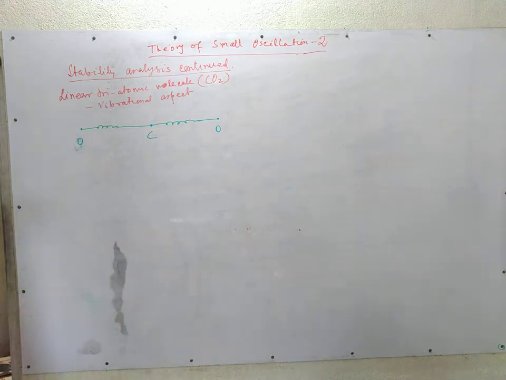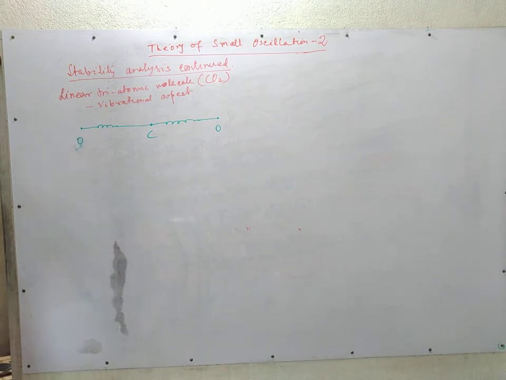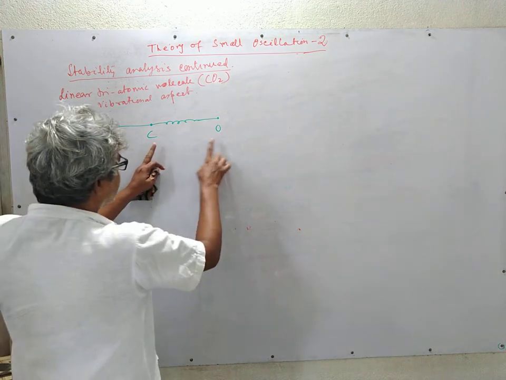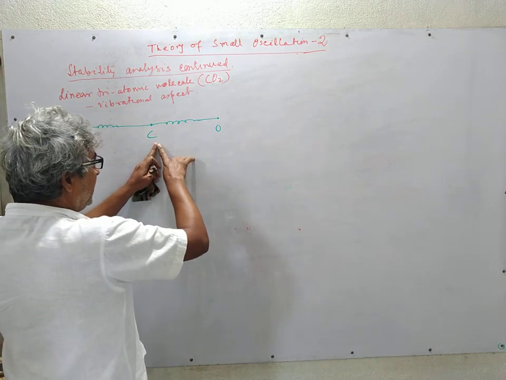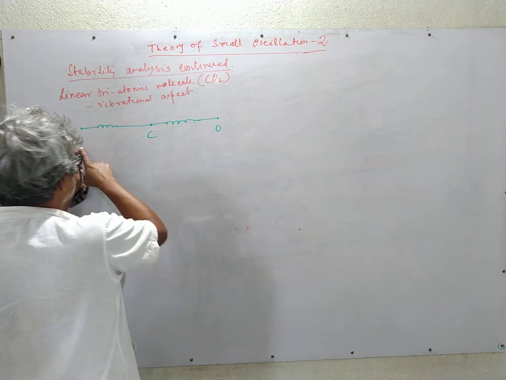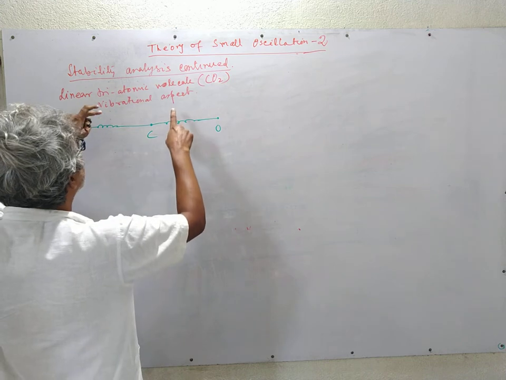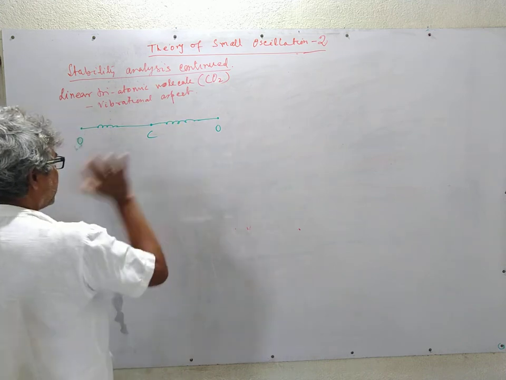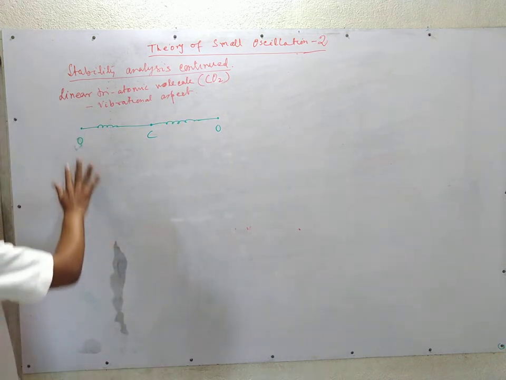Now, in the equilibrium condition, we have a linear triatomic molecule. In the equilibrium separation, there is a fixed distance separating the carbon atom from the oxygen atom. Since these two are identical, the situation is symmetric about the carbon atom.